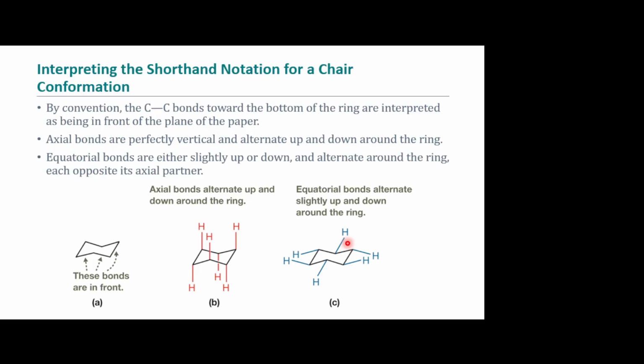And by convention, you always draw your axials perfectly perpendicular, up and down. And then all your equatorials slant. Okay. But if you mess up, this one looks pretty close. So your equatorials are going to be the ones that will confuse you the most. But if you've already put in your axials, yep, there's only one position it can be. Okay? So this right over here, I just put something like that, right?